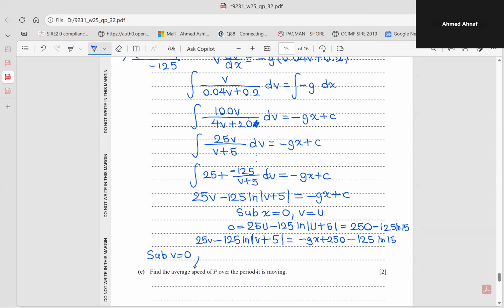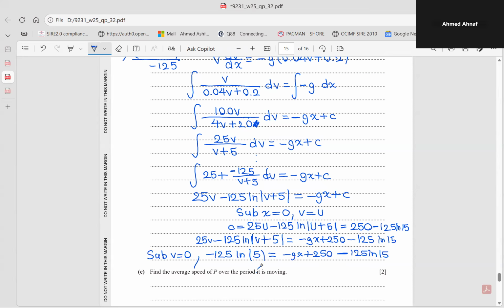So doing that, we get minus 125 ln 5 equals minus gx plus 250 minus 125 ln 15.